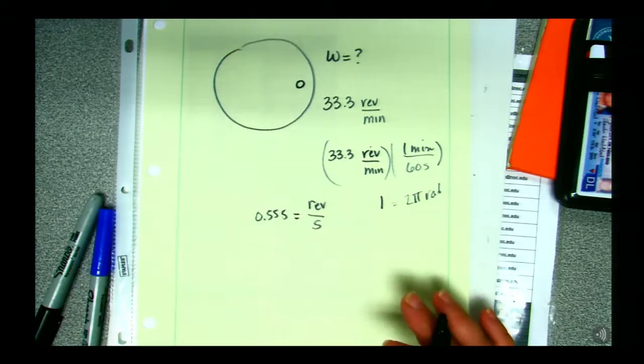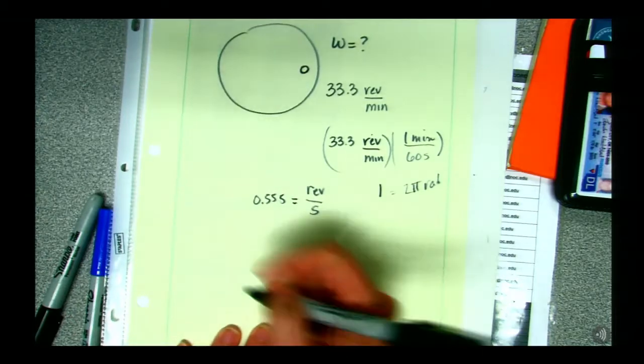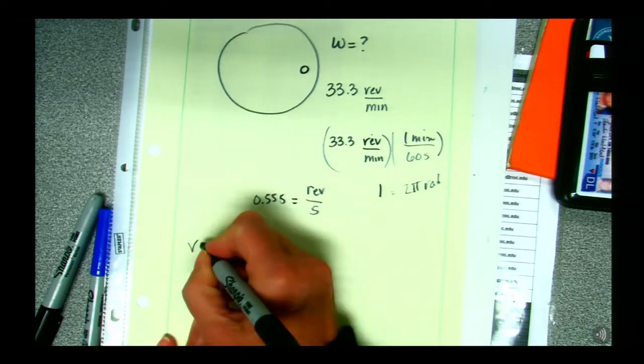So what we've got so far is velocity, this is linear, the change in position versus the change in time.